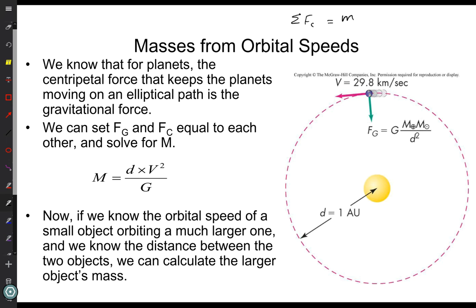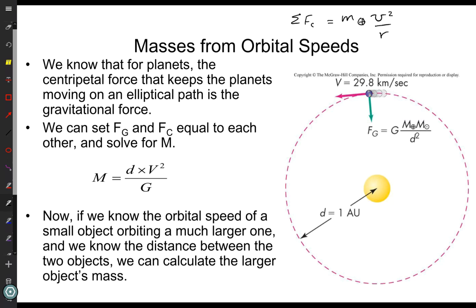We're looking at the object that's going around, the earth. So that's going to be the mass of the earth, the m with the circle with a plus sign in it, times the speed squared over the radius of the orbit.